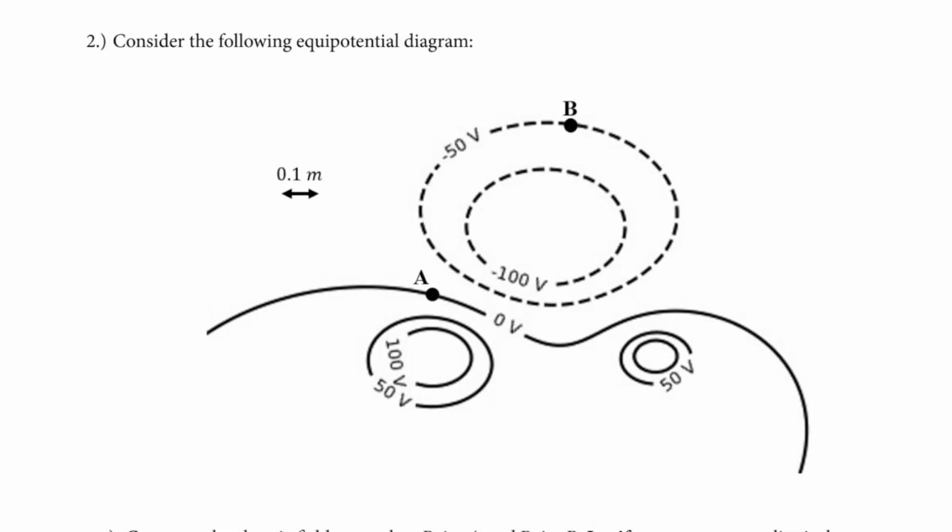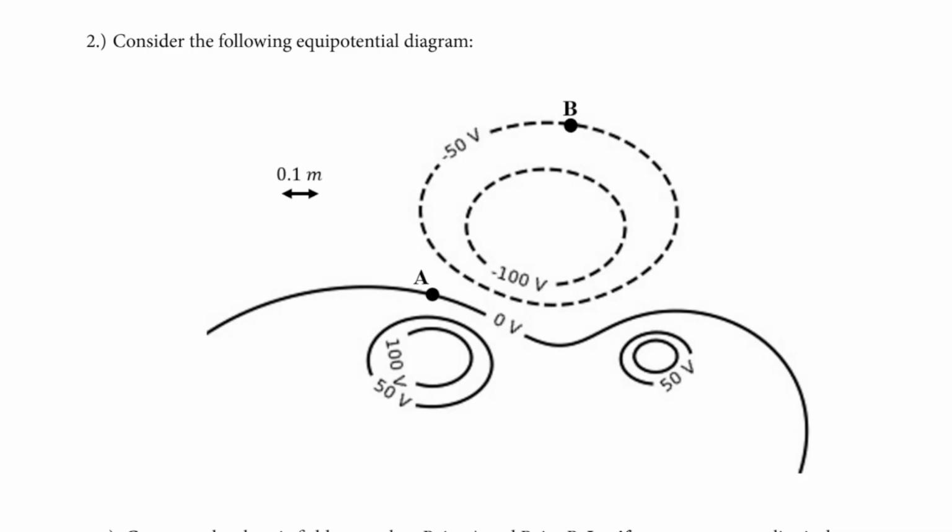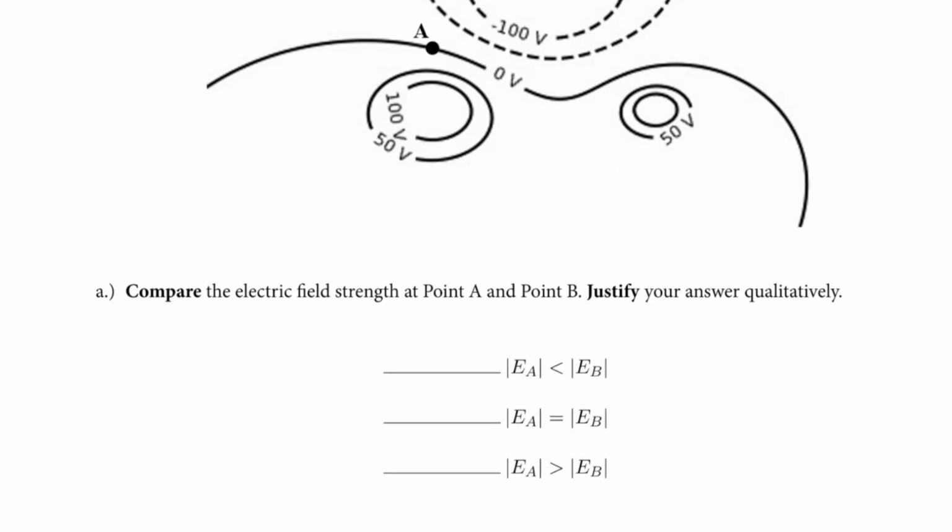All right, here's another equipotential set. We are interested in comparing the electric field at points A and B and justifying our answer. I am giving you a very small scale on the top; that distance is 0.1 meters.